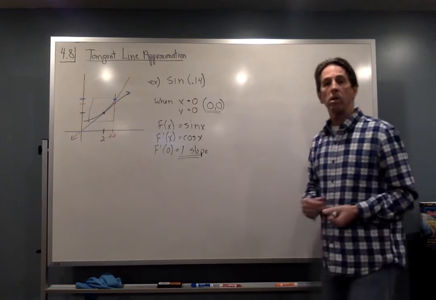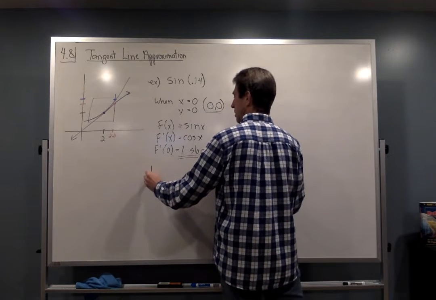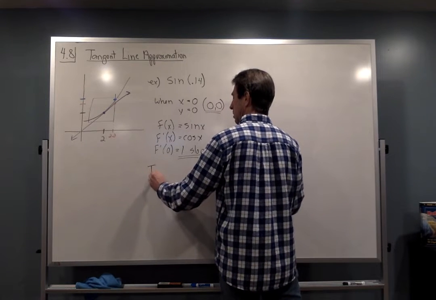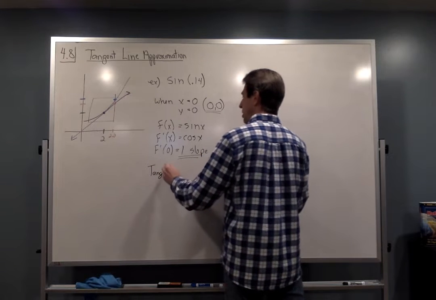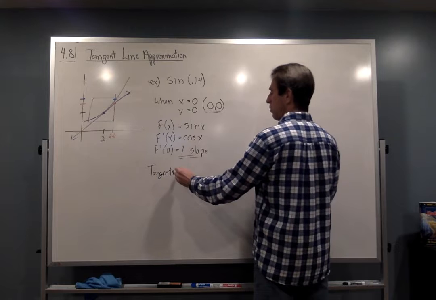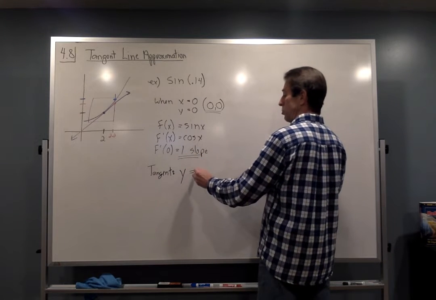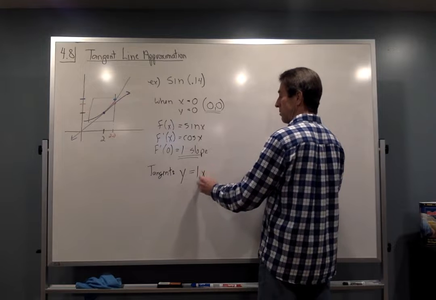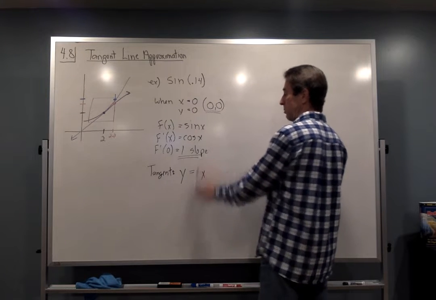And from that, I can write the equation of the tangent line. So the tangent would have the equation y minus the y value, which should just be y, equals the slope, which is 1, times x minus the x value, which is just 0. So we could just say the tangent is y equals x.